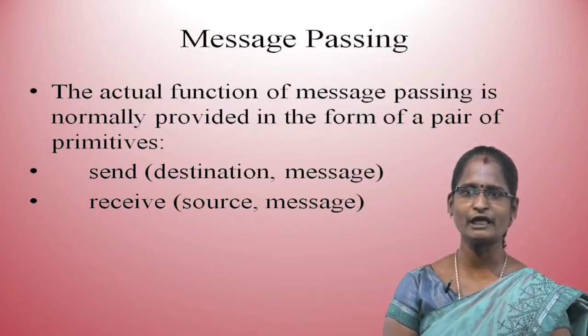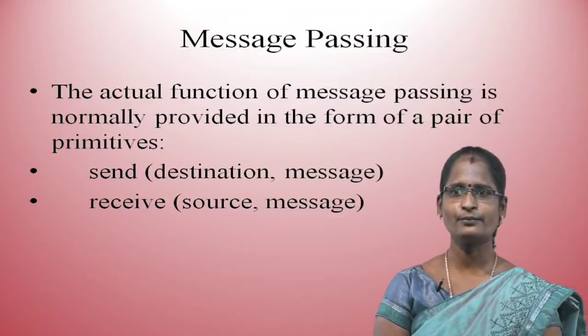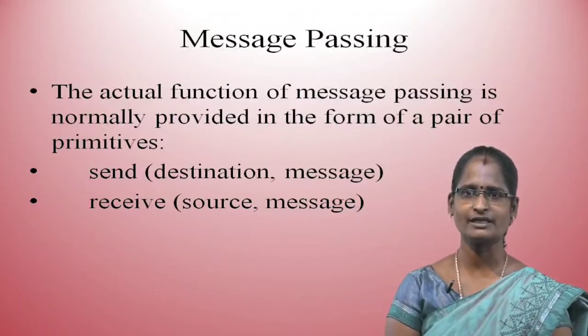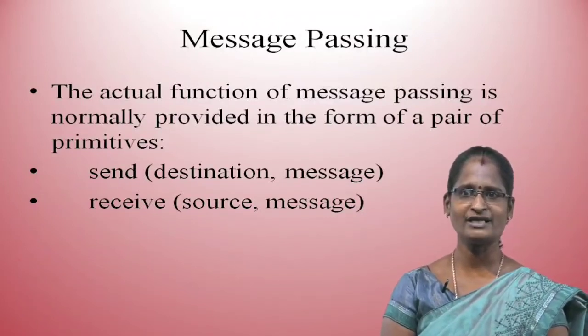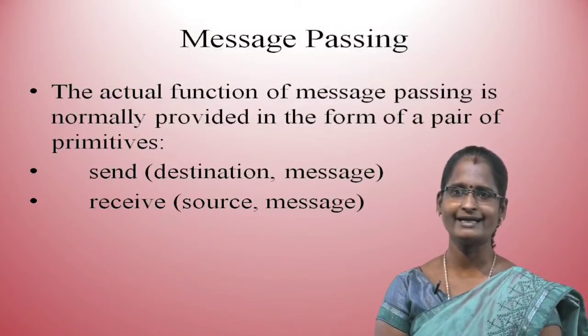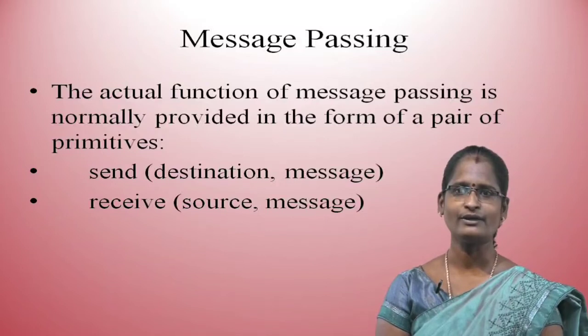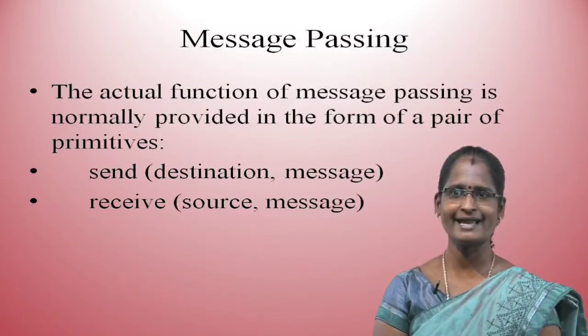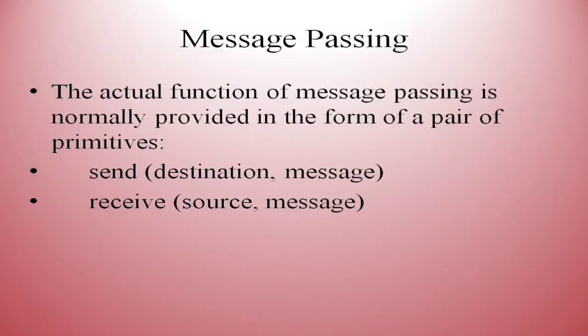These primitives are the minimum operations needed for processes to engage in message passing. A process sends information in the form of a message to another process designated by a destination. Next, receive: a process receives information by executing the receive primitive, indicating the source and the message.